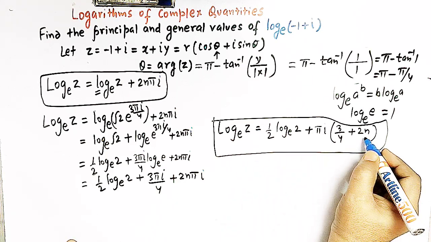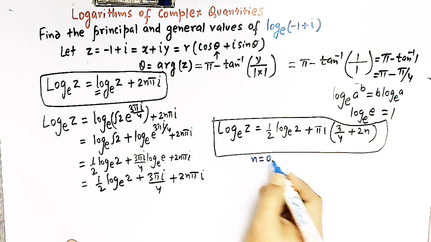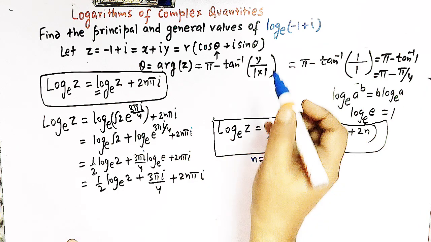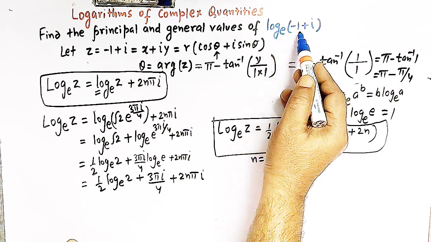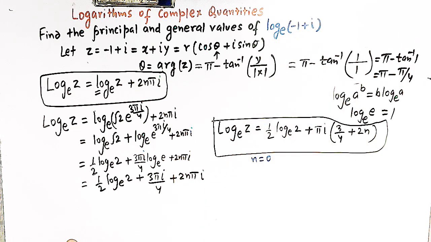So now taking n equal to 0 in this expression, we can obtain the principal value of the logarithm of minus 1 plus I, right?